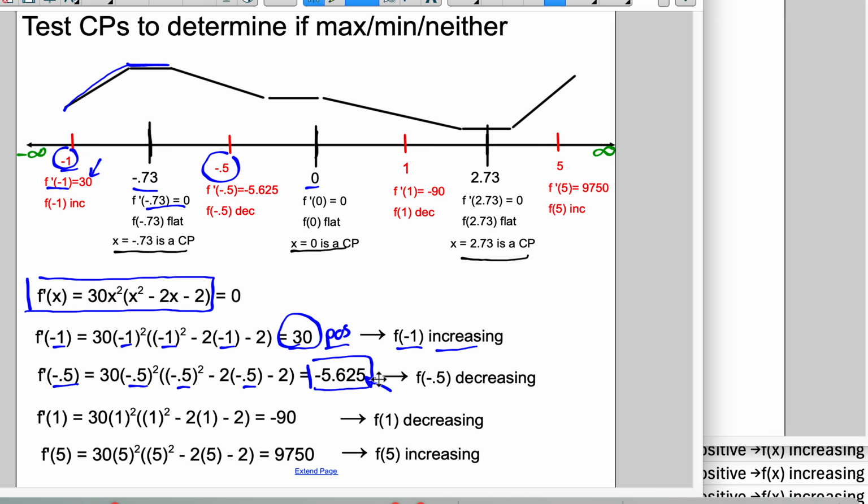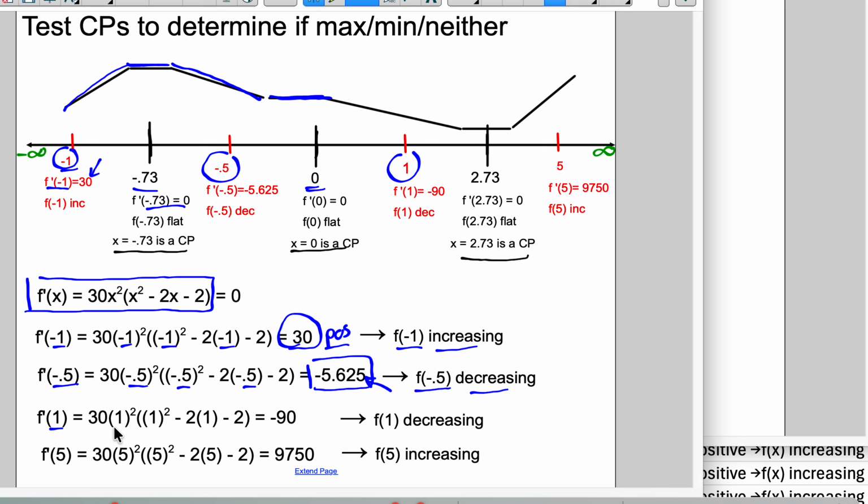Because my derivative is negative when x equals negative 0.5, it's telling me that my f function, f of negative 0.5, is decreasing. And then I come to my next critical point. When x is 0, I know that I'm flat. Derivative is 0.